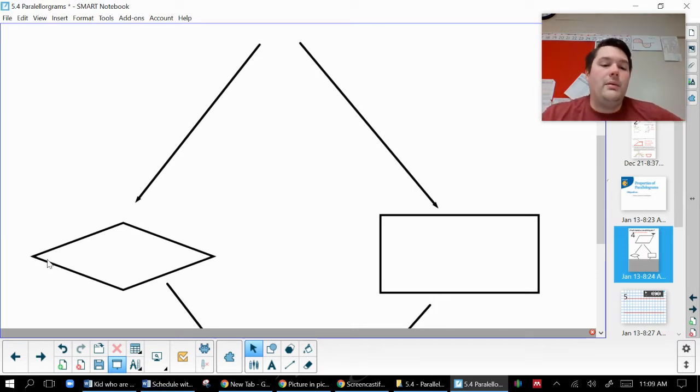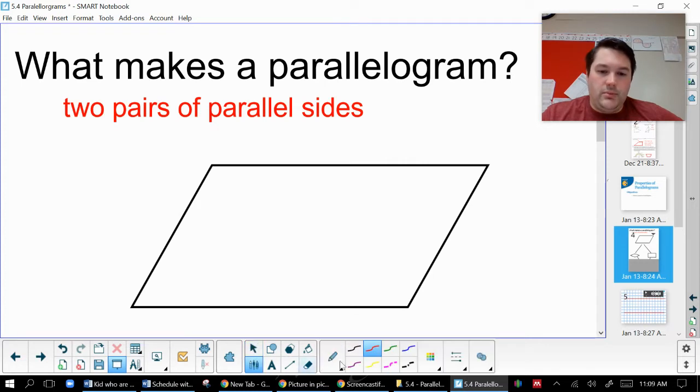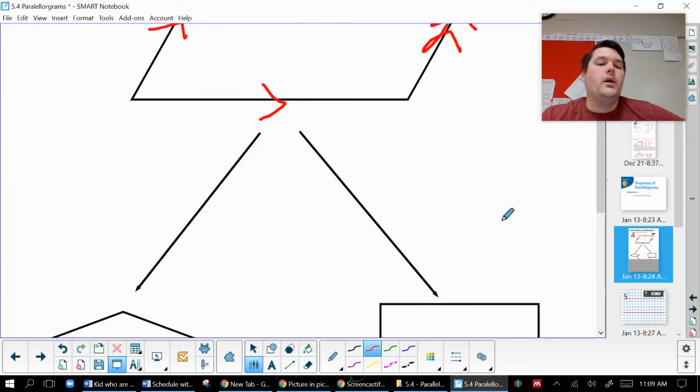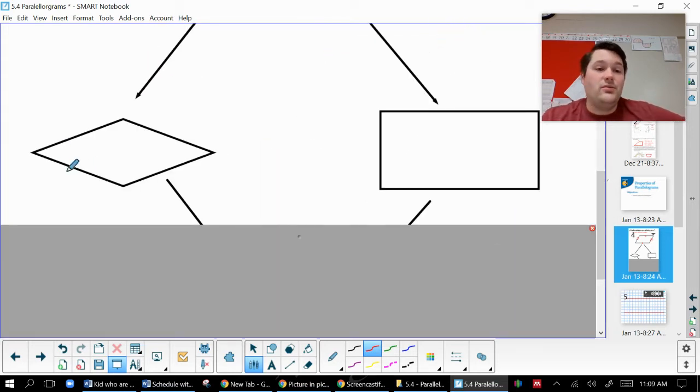So a rhombus, actually, I'm going to put these back. I should have put the marks on the picture while I was up here. Parallel, parallel, parallel, and parallel. So a rhombus has those same things. It definitely has parallel sides, two separate pairs of parallel sides.